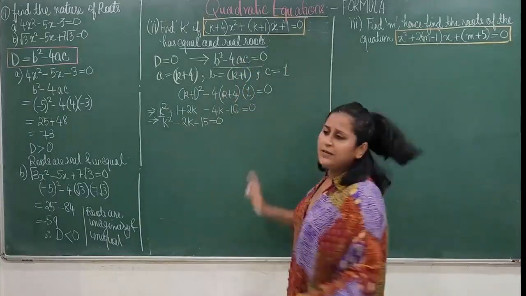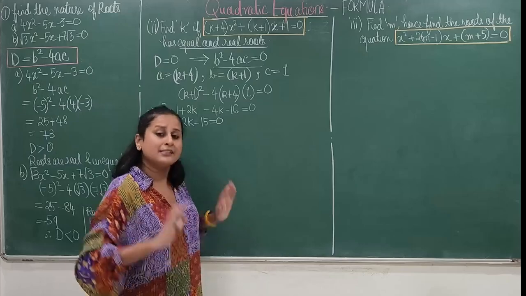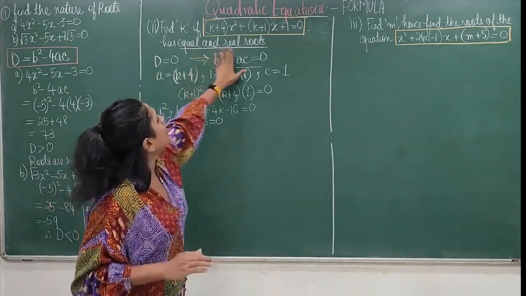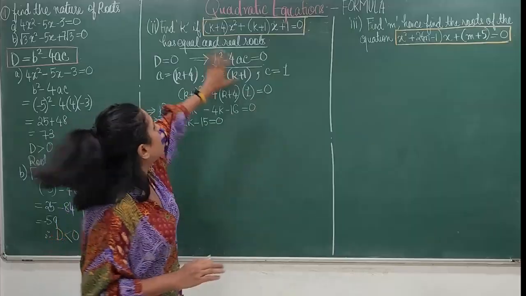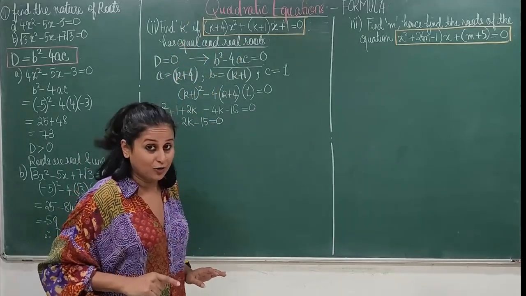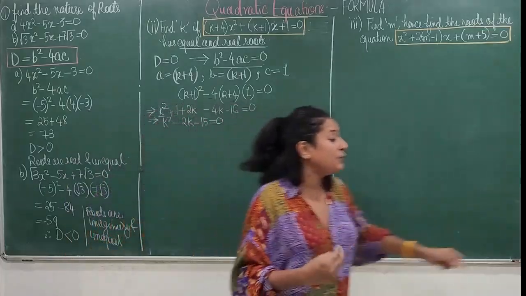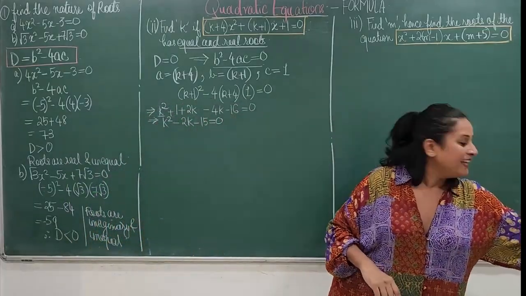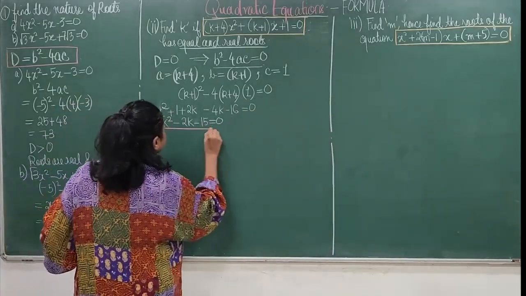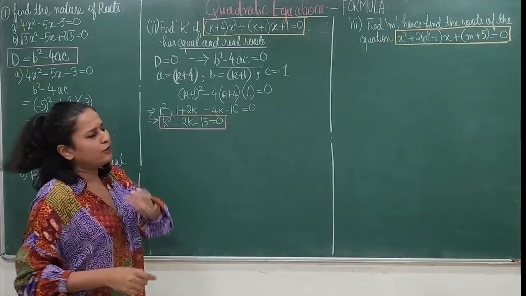X is nowhere in the picture because we don't use x in the discriminant. We find the value of x separately. So in d we only use the coefficients and the constant, and the coefficients and constants had an unknown k, which is a constant unknown. So from here it's a fresh equation, where your variable is k. Look, this is a new equation. From this equation we will be able to determine the value of k.